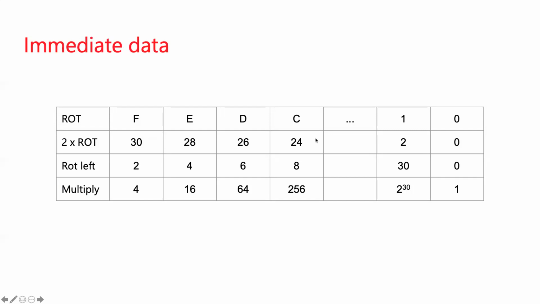If you gave E as the rotation amount, it's going to take your 8 bits and slide them to the left by 4 bits, effectively multiplying them by 16. I won't read through the whole table, but if you want, you can slide them to the left by 6 bits or 8 bits or any even number of bits. Questions so far?